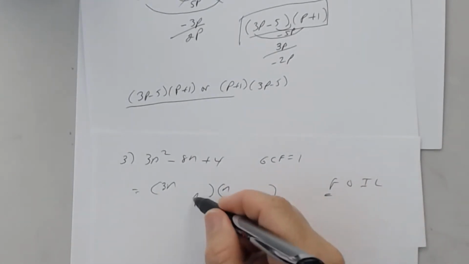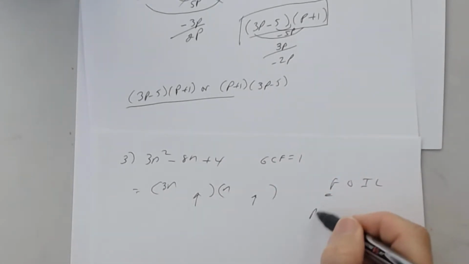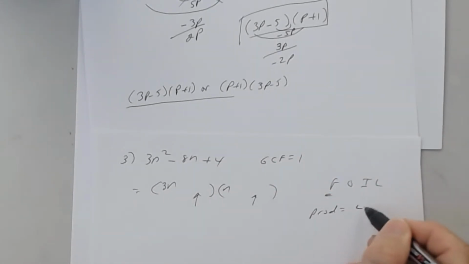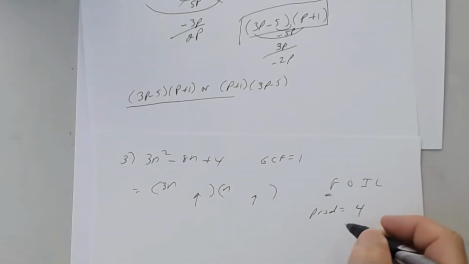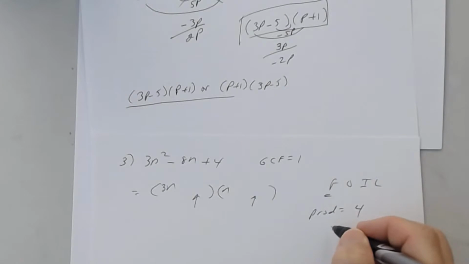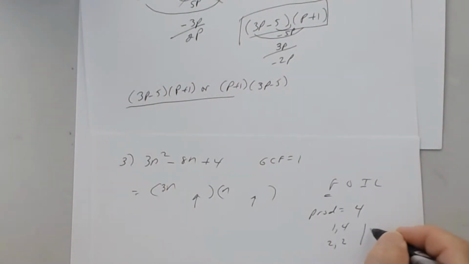So I want two terms whose product is positive 4, right? So there's 1 and 4, and there's 2 and 2, right? But there's also negative 1 and what? Negative 4, and negative 2 and what? Negative 2. Y'all agree? Now, remember our discussion in number 1.